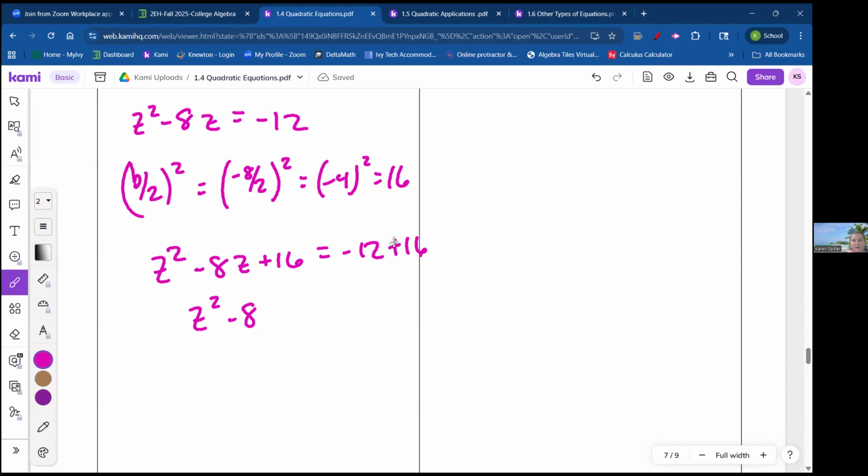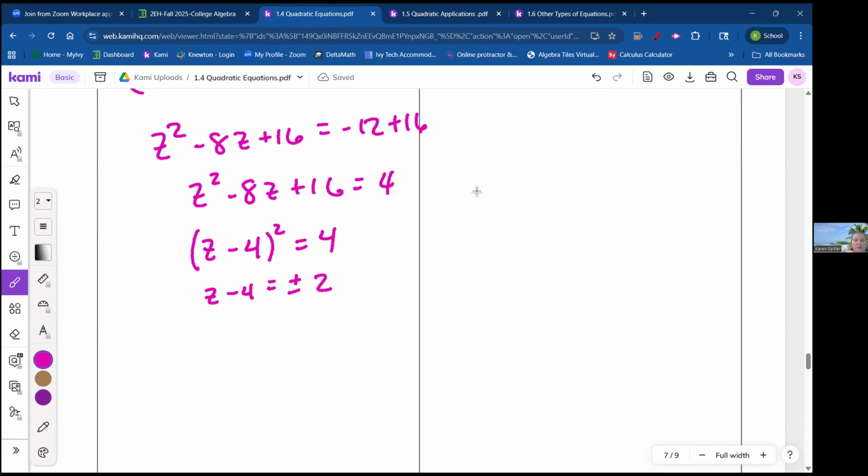So z squared minus 8z plus 16 is equal to 4. Do your perfect square. In this case, it's z minus 4 squared is equal to 4. And solve. You have z minus 4 squared, z minus 4 is equal to plus or minus 2.